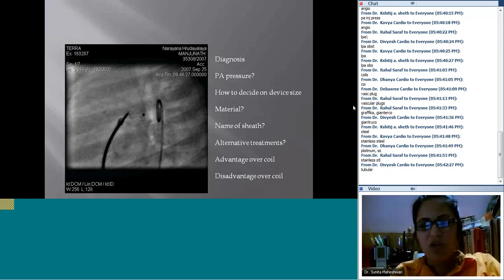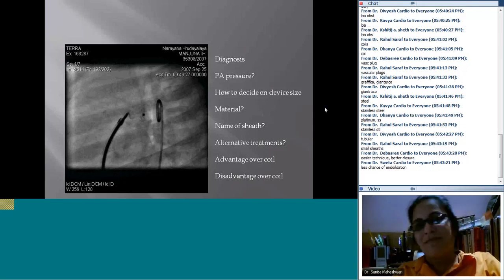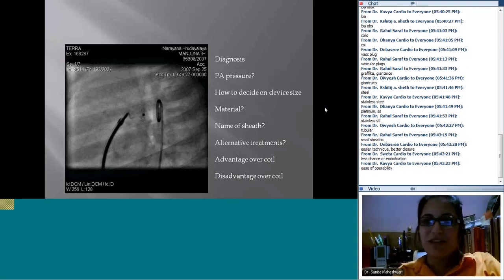Now, what is the advantage that the implant, whatever the PDA device, has over the coil? Name two advantages that the device has over the coil. The disadvantage of the device is you use a larger sheath.